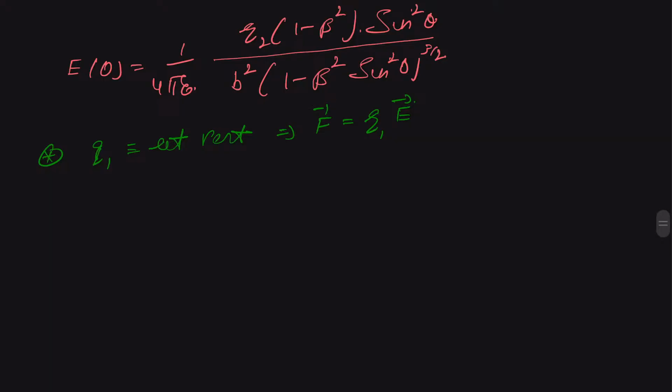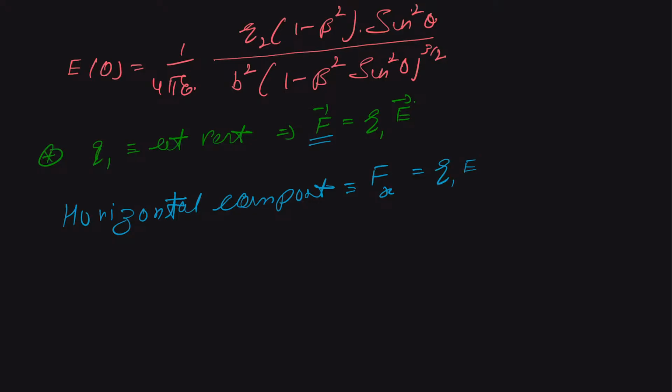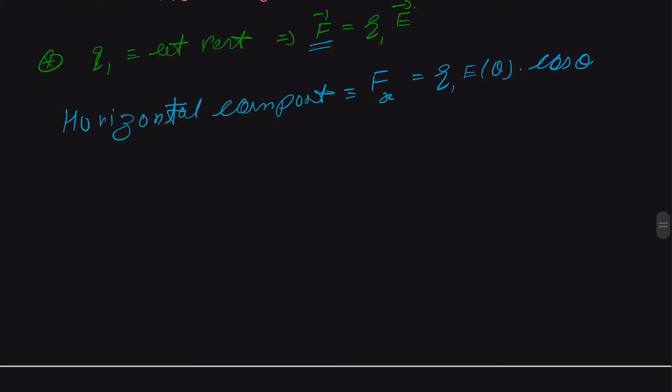So its horizontal component, f of x, will be equal to F cos of theta. F is q1 times E, so this comes as q1 times E of theta times cos of theta. So we substitute here E of theta.